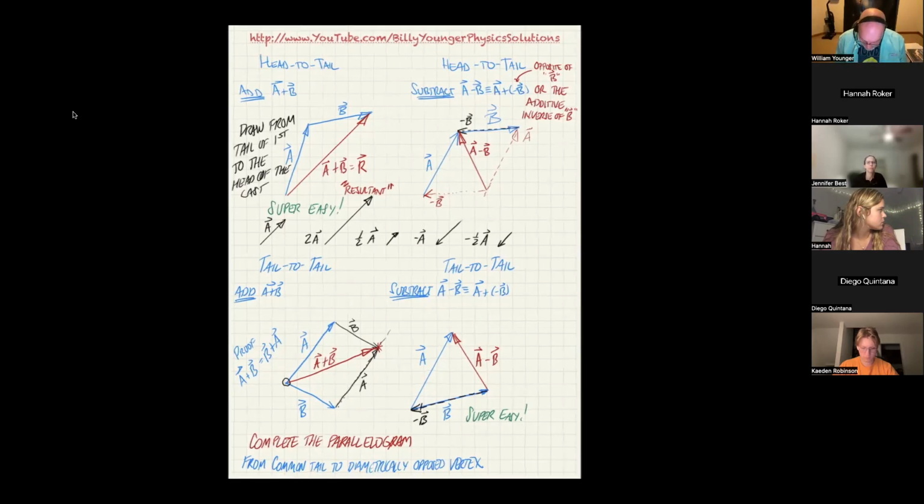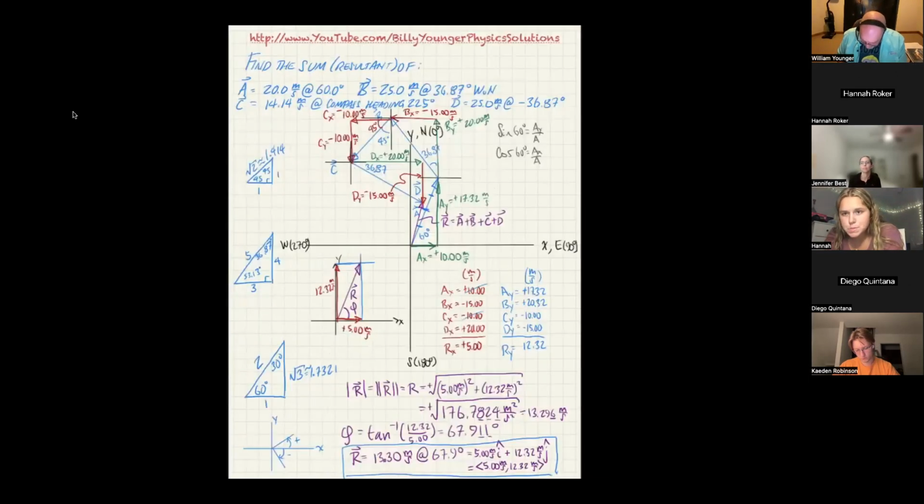I have to make 4 blocks to the right and 4 blocks up. So that tells us that if I multiply a vector by a scalar, say 2, then that scalar has to be distributed to each of the components. That's where this notation right here comes in. Because if I put a 2 in front of that, it makes perfect sense that the 2 has to hit the 5, and then the 2 has to hit the 12.32. Does that make sense?